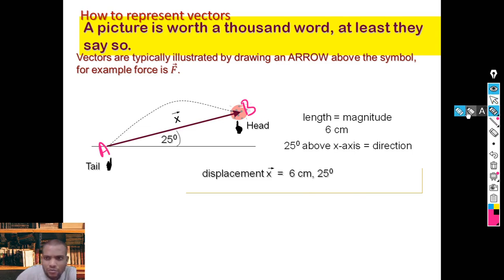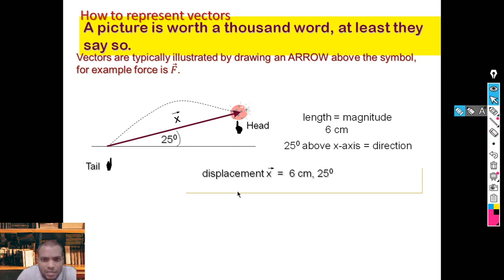So the vector is moving along the x-axis making an angle of 25 degrees. To represent position we depend upon the reference axis. This is how displacement is represented with the help of a vector.